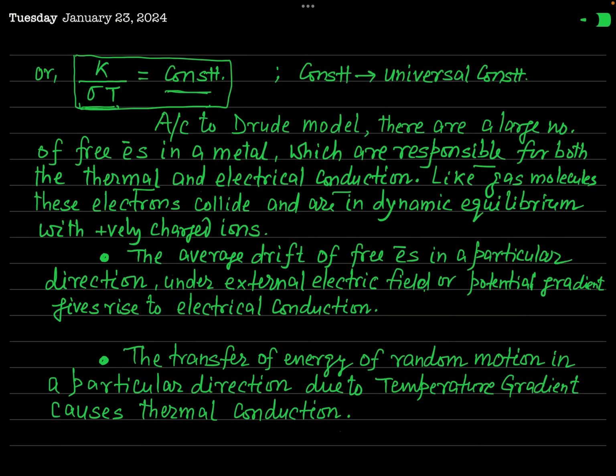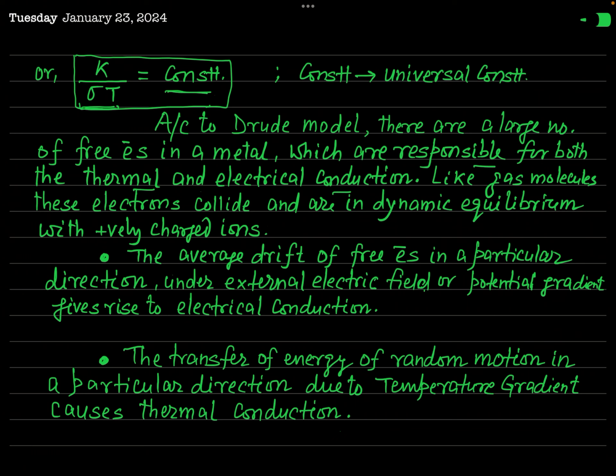If free electrons are not present in any material, then those materials cannot conduct electricity and heat. Okay? So the cause of the electrical and thermal conduction is actually the free electrons.